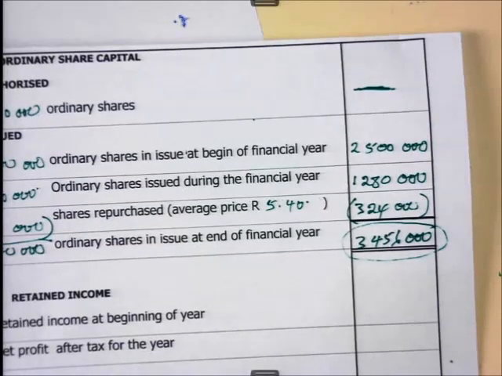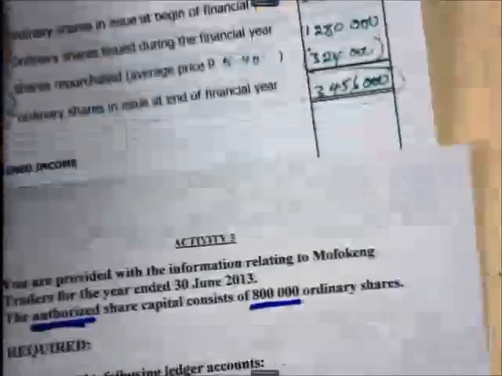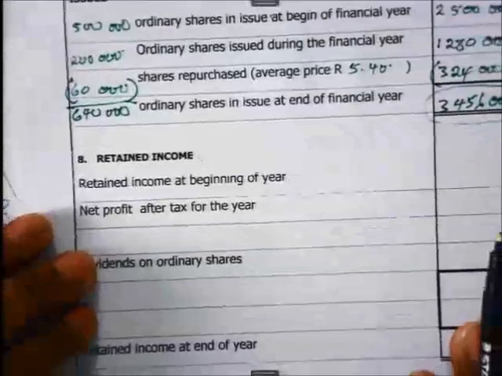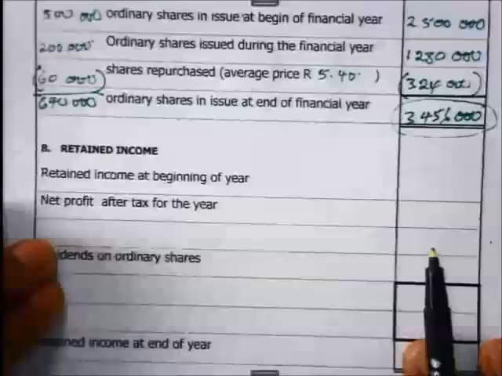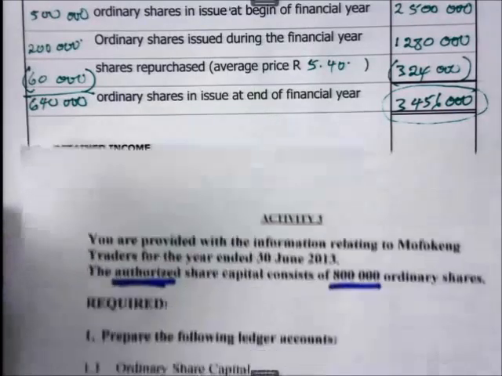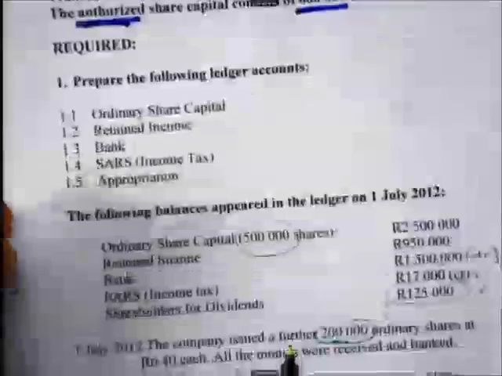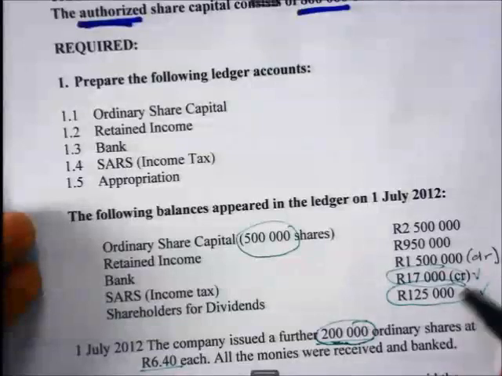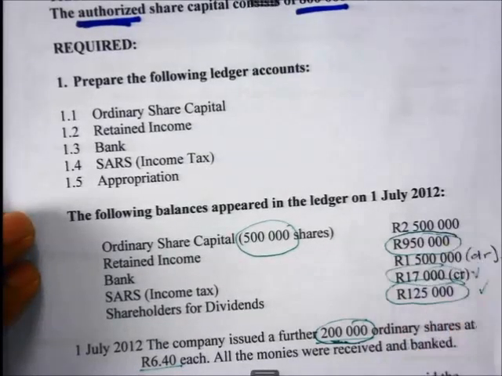The retained income at the beginning of the year. Here is our retained income. At the beginning of the year, what was the balance of our retained income? 950,000. There we are.